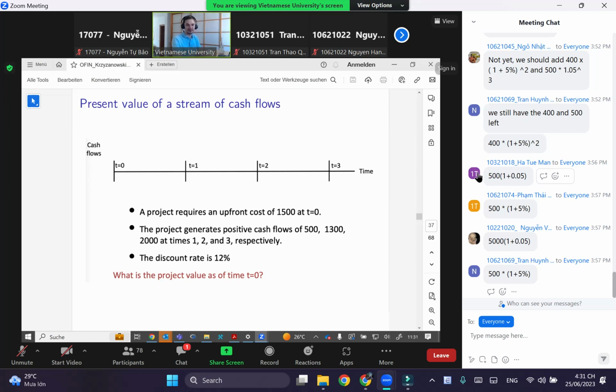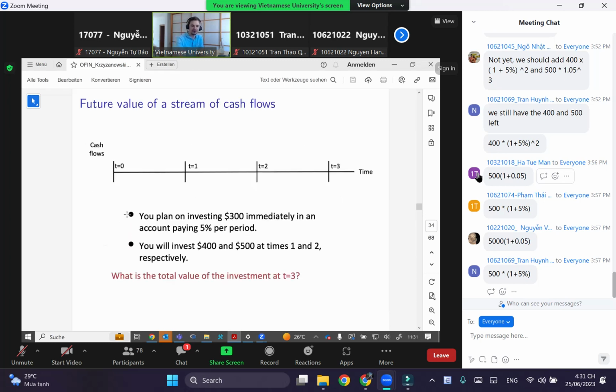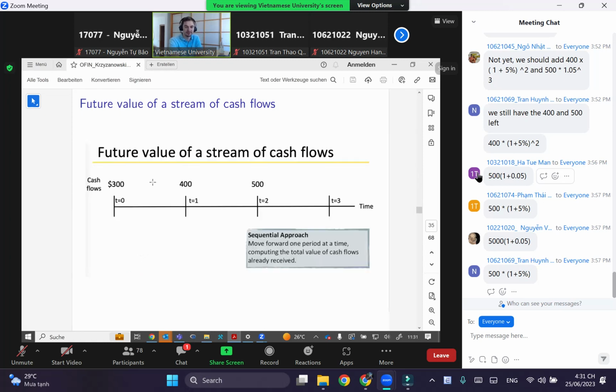We stopped with basically discussing our first investment project, which comprised depositing money at a fixed interest rate of 5% at different points in time.